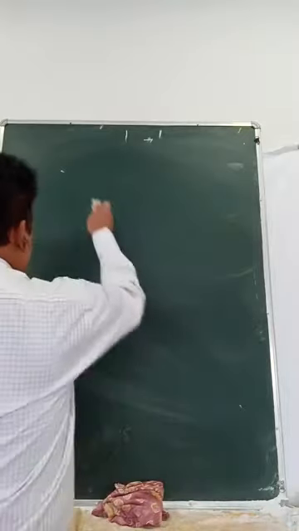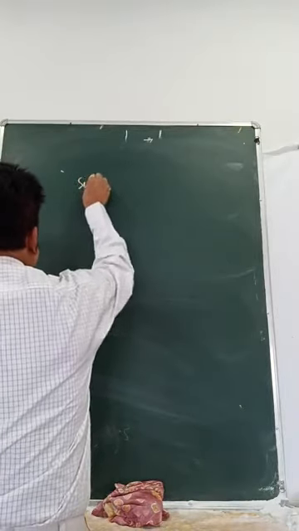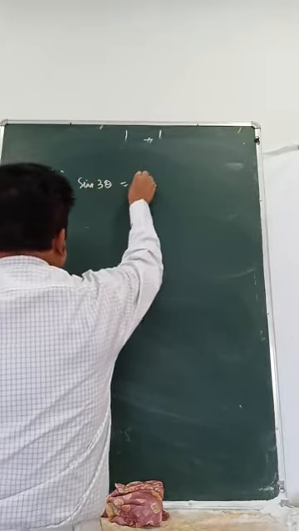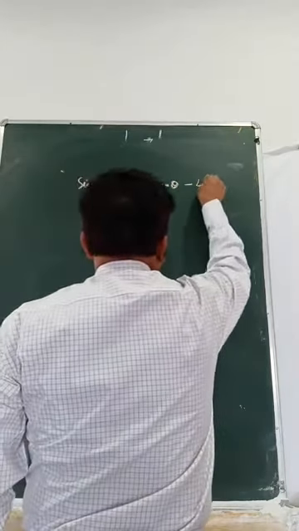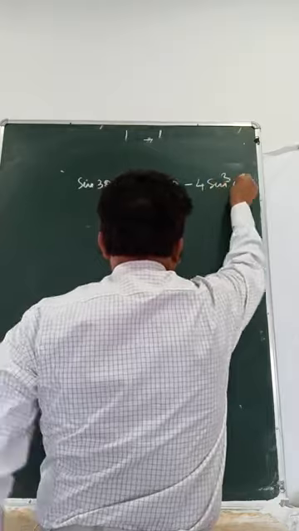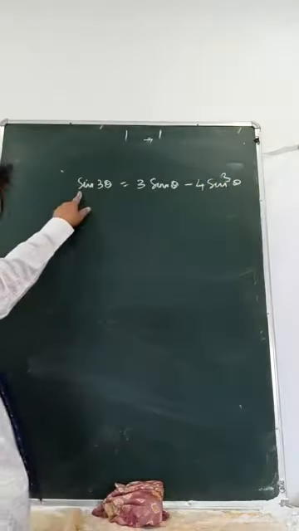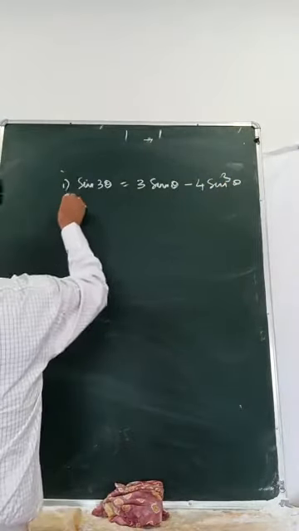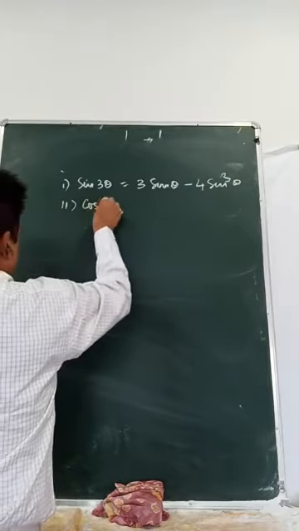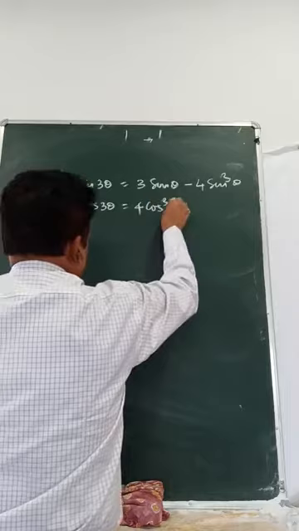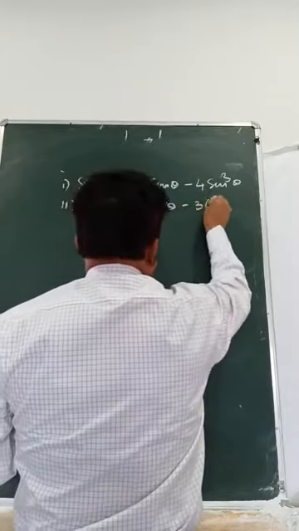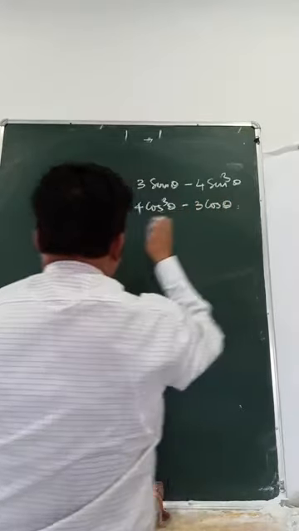Suppose sin 3 theta is 3 sin theta minus 4 sin cube theta. Then cos 3 theta is 4 cos cube theta minus 3 cos theta.